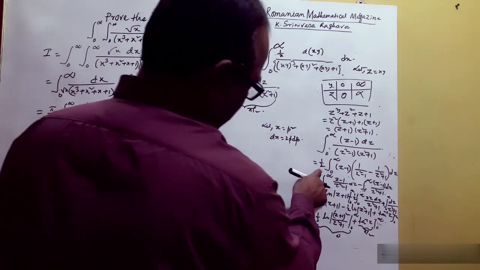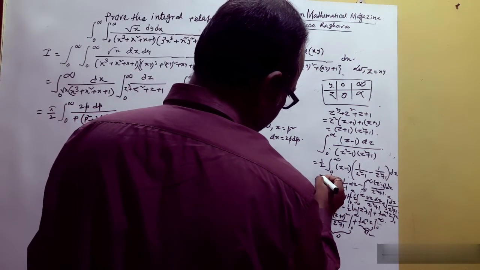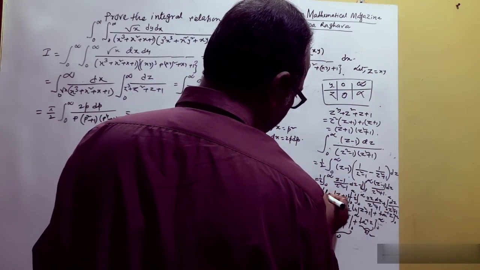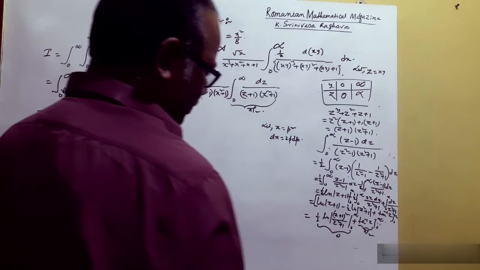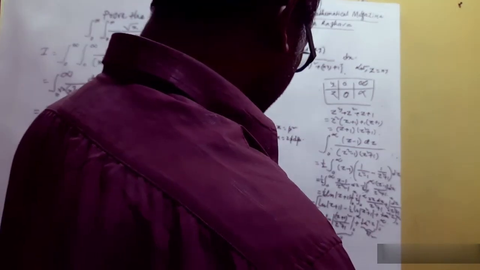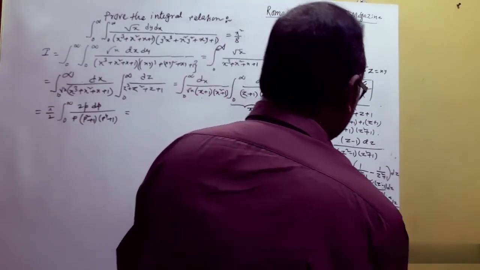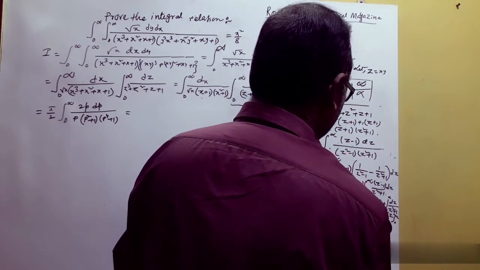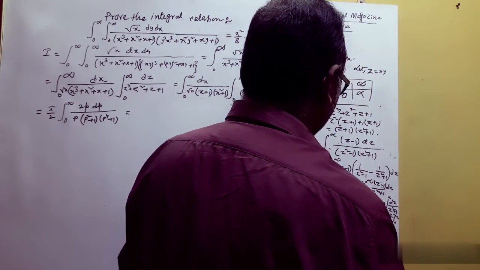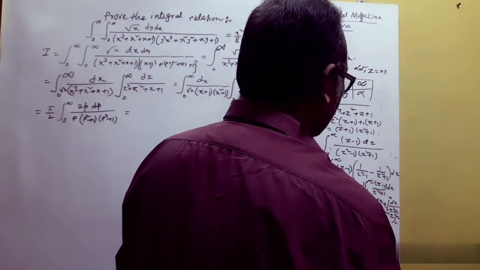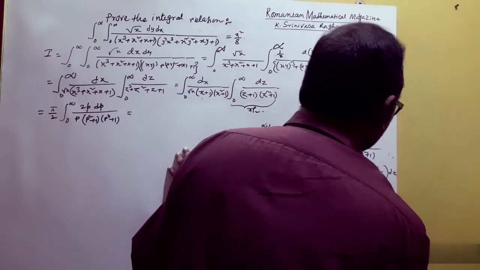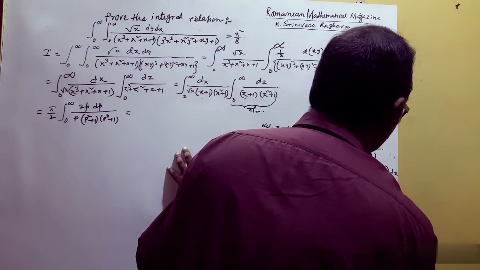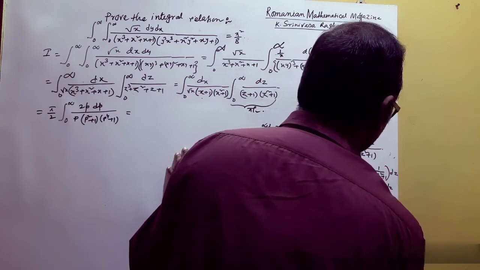Okay. There is some mistake here. This is multiplied by half. Multiply by half. Okay, so this is 1 by 4, and this is actually 1 by 2, 1 by 2.